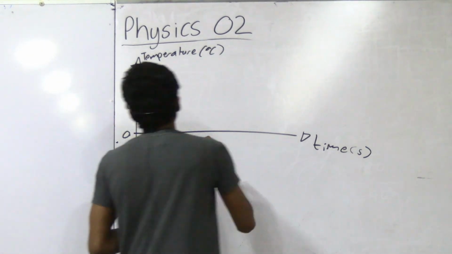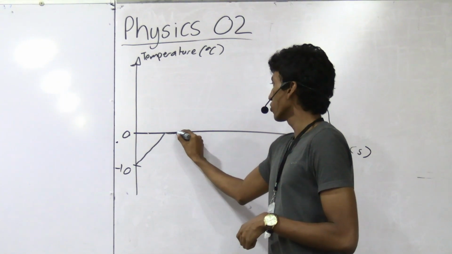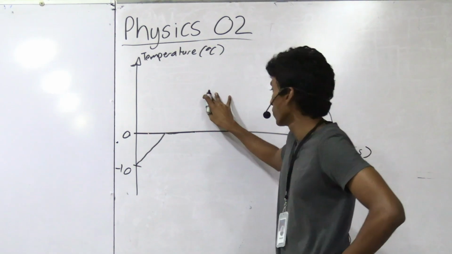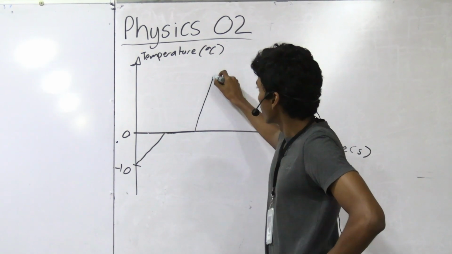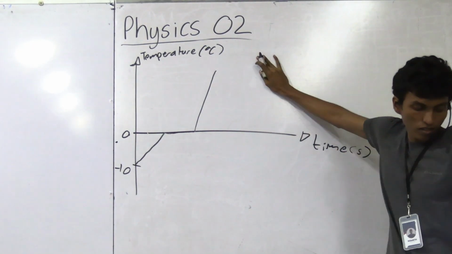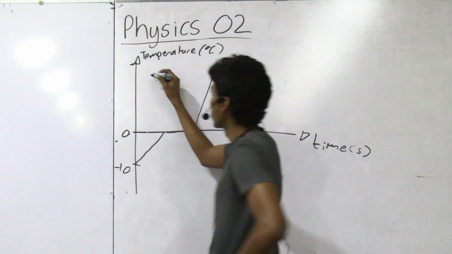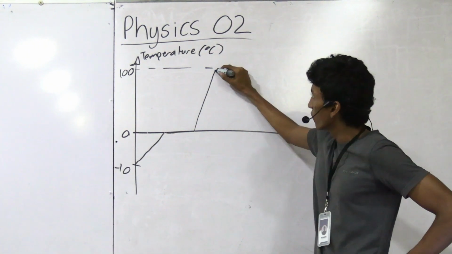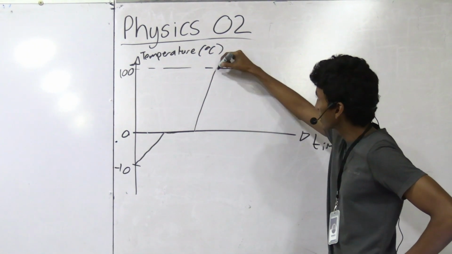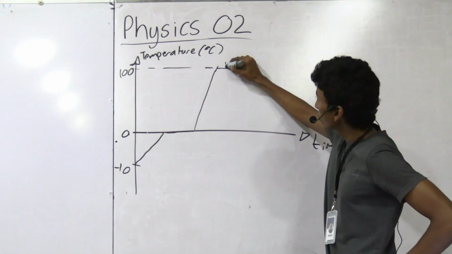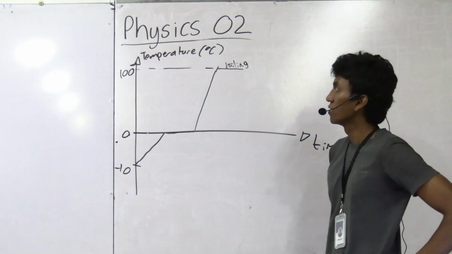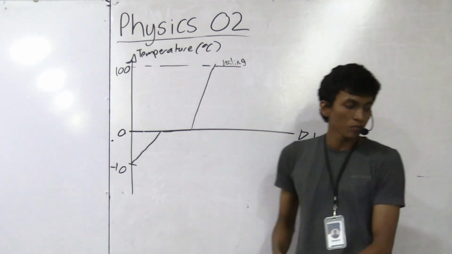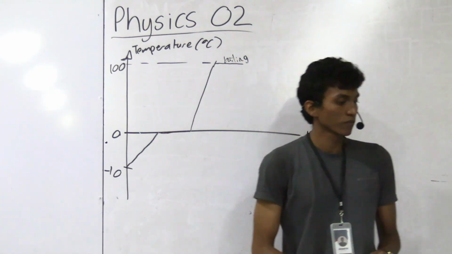So it will continue to absorb heat while staying at 0 degrees, and then once all of it is turned into water, it will heat up. And in the question they're saying that the water started to boil. So in the graph we should also include a point where the water transitions into the gas state. So here it is boiling. So the correct graph for this is 2. Yeah, answer number 2.